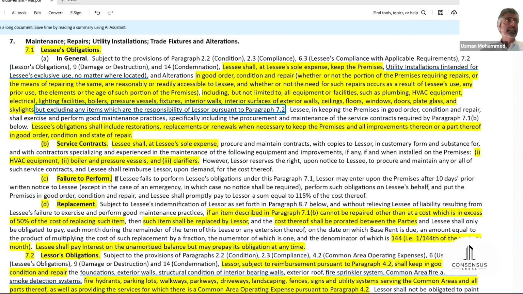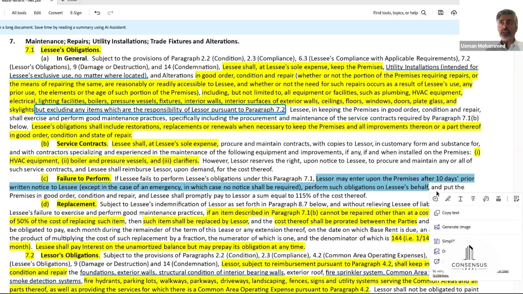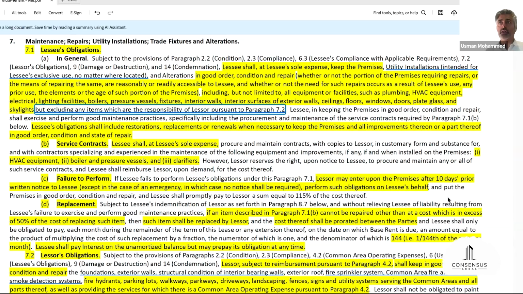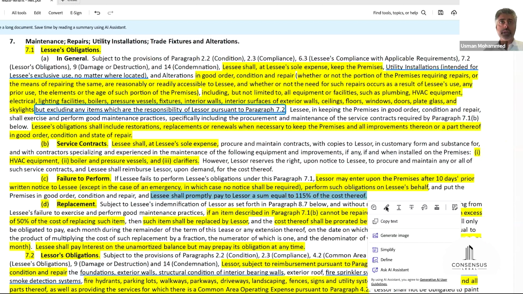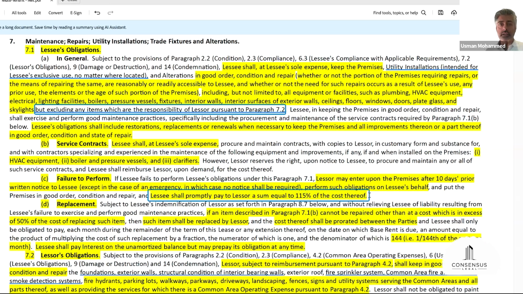One of lessor's remedies is here in 7.1c. Lessor may enter upon the premises after 10 days written notice to lessee and perform such obligations on lessee's behalf. So lessor can go in there and do the work. And if in fact the lessor does do that, lessee has to pay lessor not just the cost to repair, but an additional 15%. So 115% of the cost.